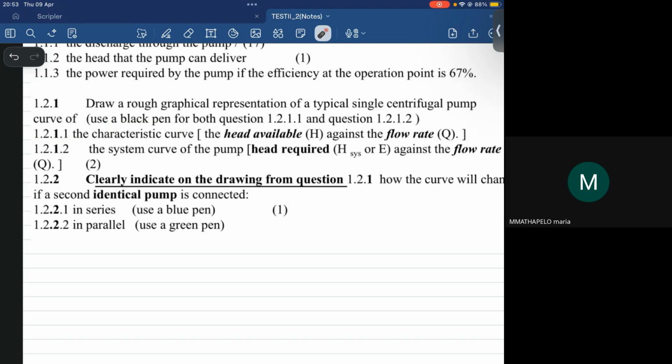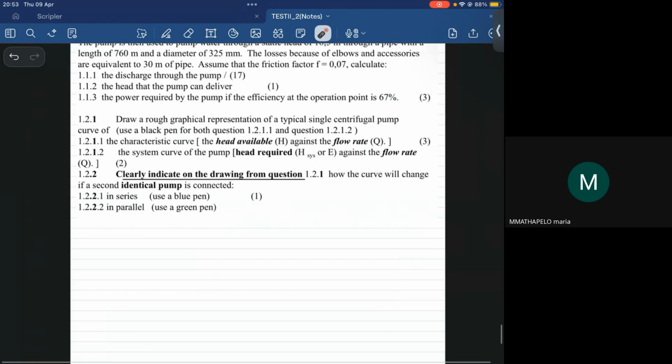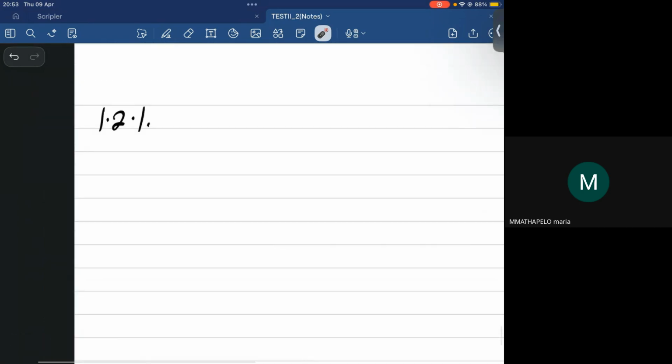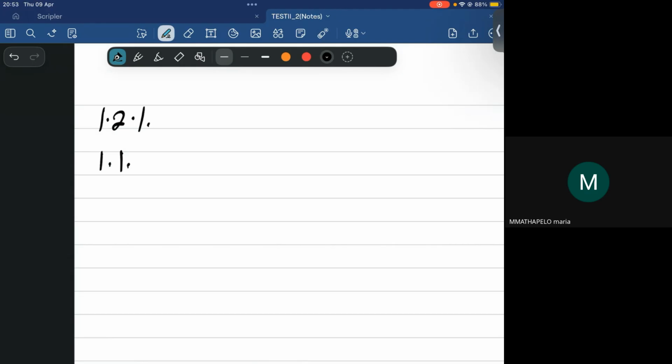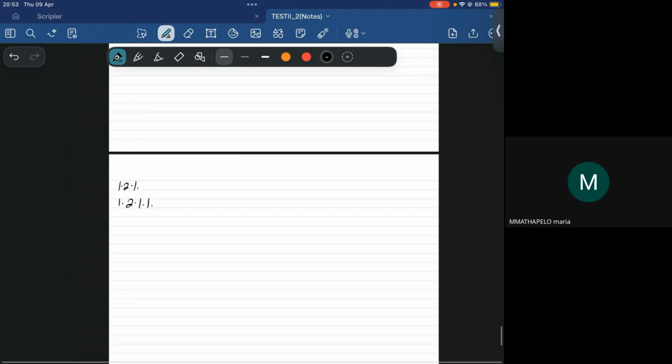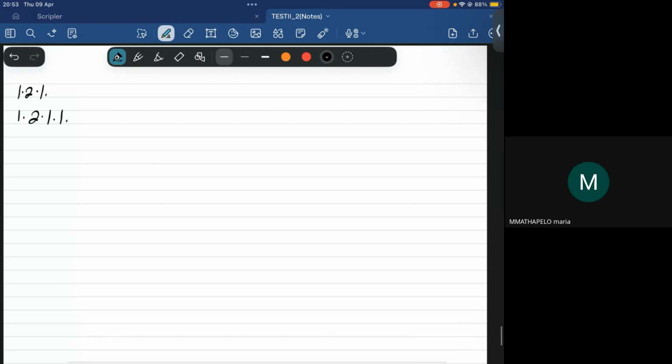So 1.2.1.1: you must draw a graph of the head available against the flow rate. The graph of the head available against the flow rate, of course, will look like this.